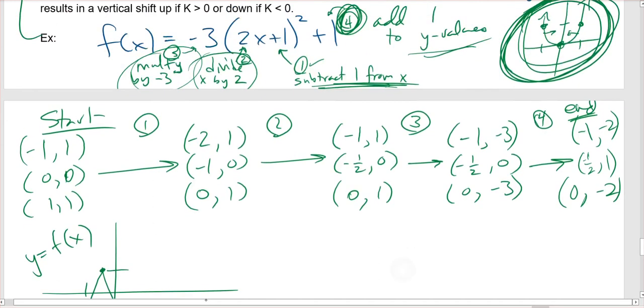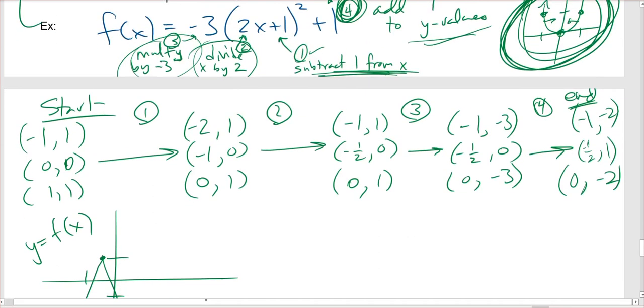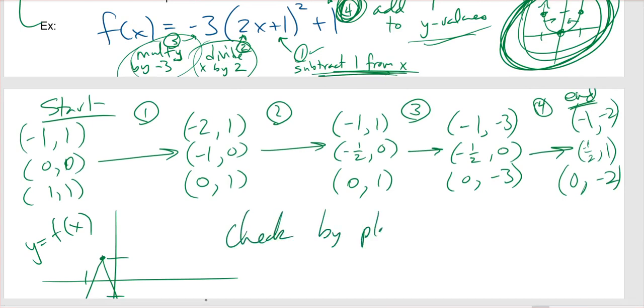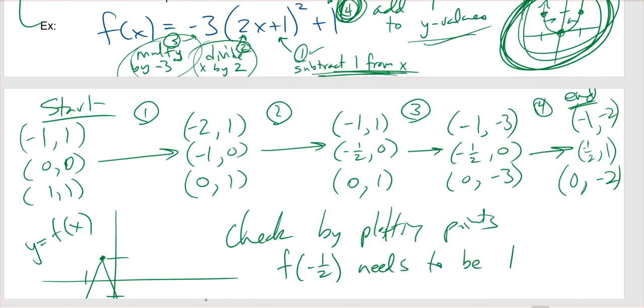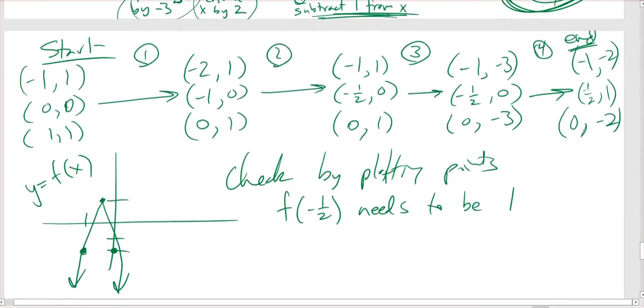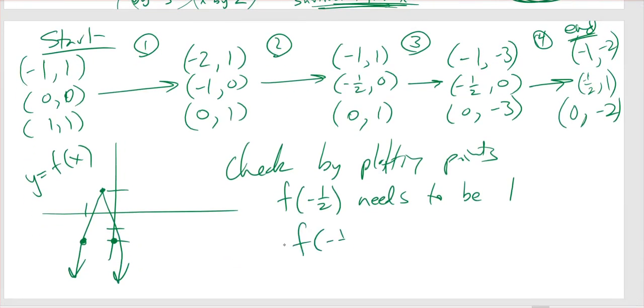And further, check it out. We can check ourselves, right? Check by plotting points. So if I put in -1/2, I need this to be 1, right? And plug it into the original function, right? f of -1/2.